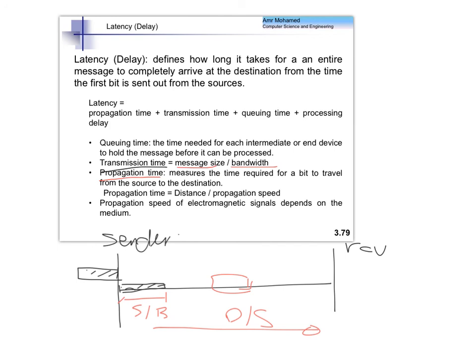Okay, so in your course project, you can sort of ignore the queuing delay, but that's not accurate, right? Sometimes the queuing delay is very tricky to calculate.